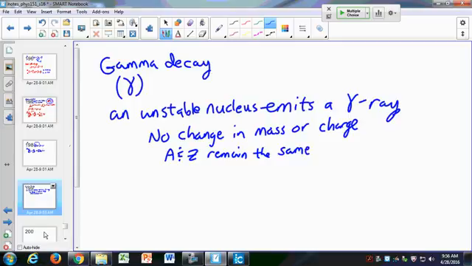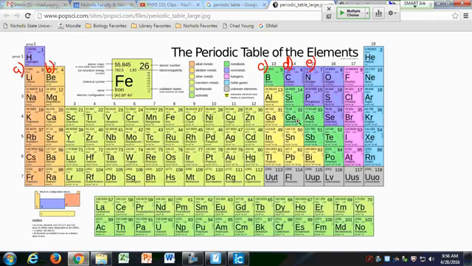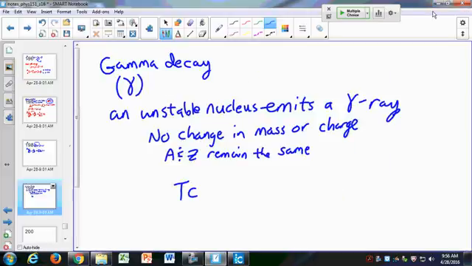We'll often mark the parent nucleus as being unstable, or they call it metastable. So, for example, if we have, I think this is technetium. Let me double check that. The 43rd. Yeah, technetium. If I have technetium in a metastable state, I call it 99m. That's 43 protons. M means metastable.